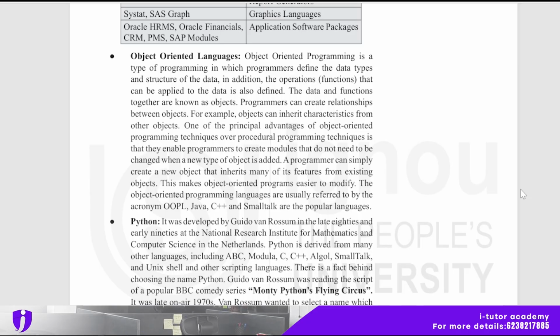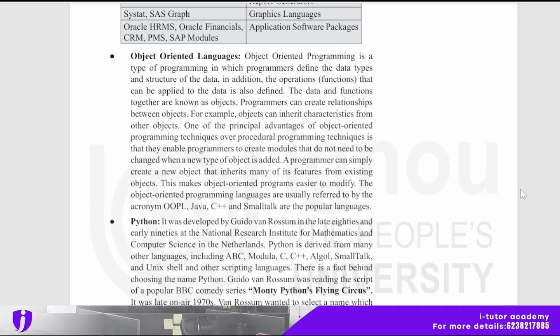Programmers can create relationships between objects, and for example objects can inherit characteristics from other objects. One of the principal advantages of object oriented programming techniques over procedural programming techniques is that they enable programmers to create modules that do not need to be changed when a new type of object is added.